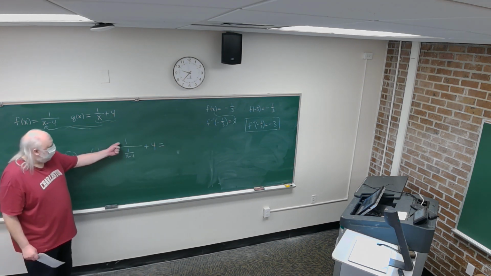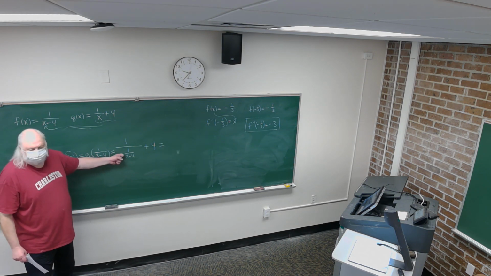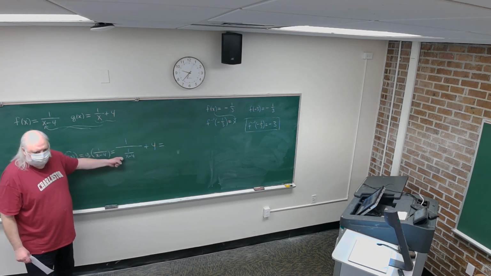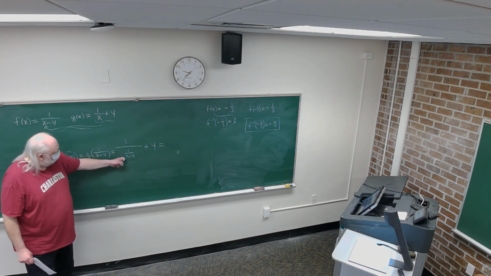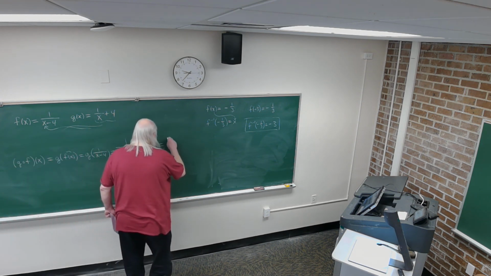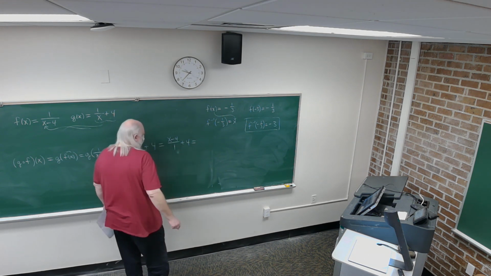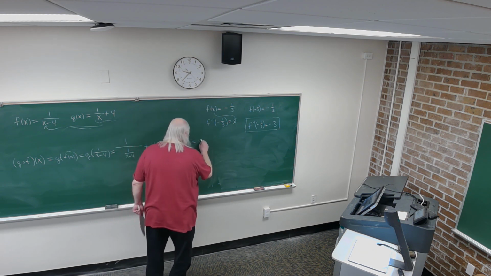Again, we're dividing the number 1 by a fraction. So that means just take the reciprocal of the fraction, right? So this is equal to the reciprocal of 1 over x minus 4, which is x minus 4 over 1.